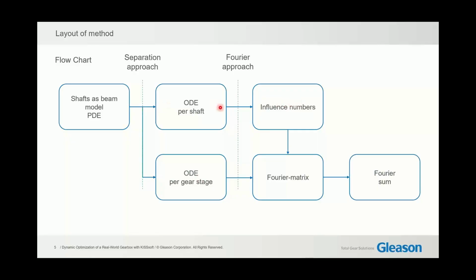Then from the ordinary differential equation from the shaft, we calculate influence numbers, applying a Fourier approach. The Fourier approach for the gear stage gives us a Fourier matrix using these influence numbers coming from the shaft. Altogether then is used to calculate the Fourier sum of the response to the excitations.